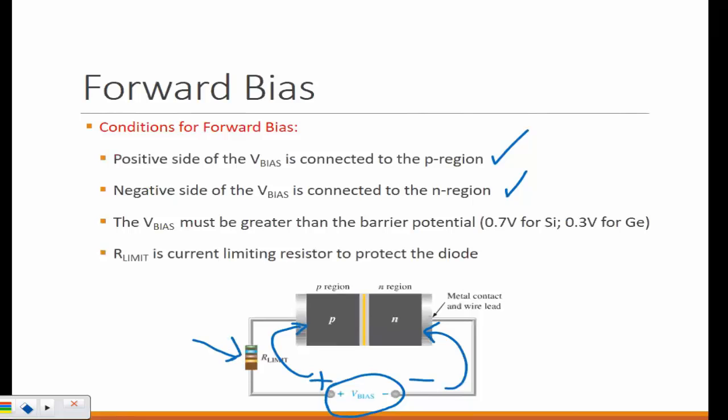In a lot of applications, a resistor is used in between. It's called a limiting resistance, in order not to damage the diode itself when it is forward biased. Because remember that when it is forward biased, the current will be allowed, correct? So in order to prevent damage to the diode, a current limiting resistance is used.